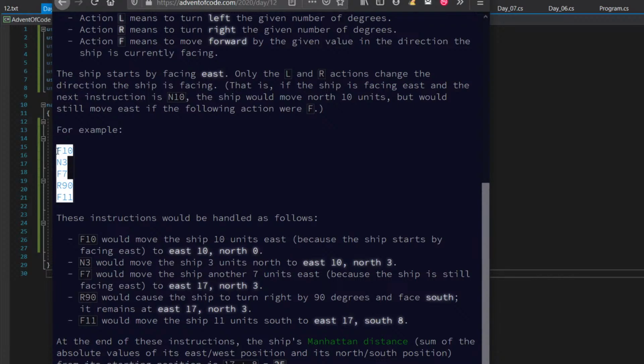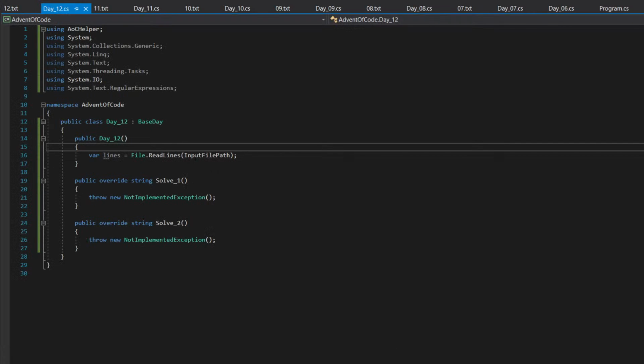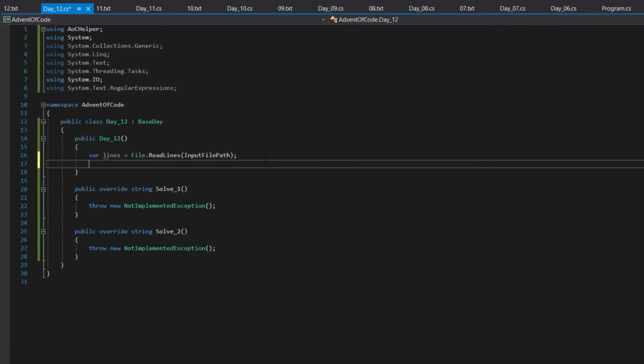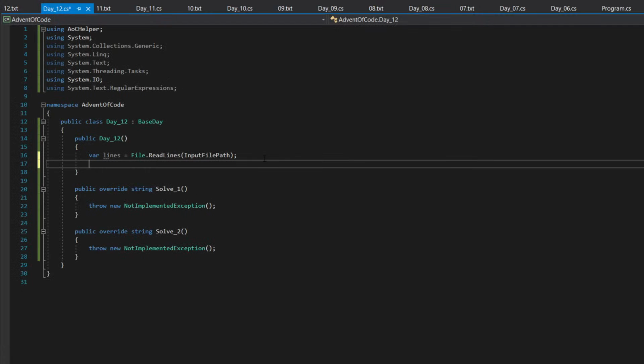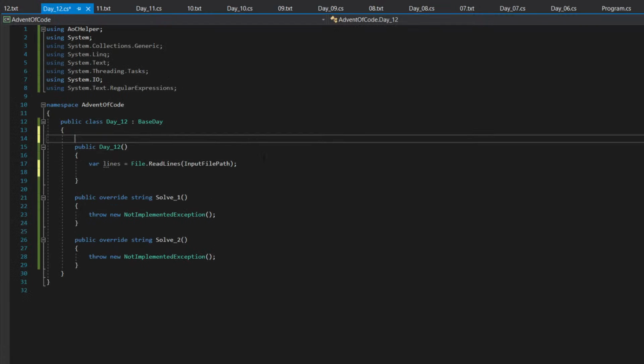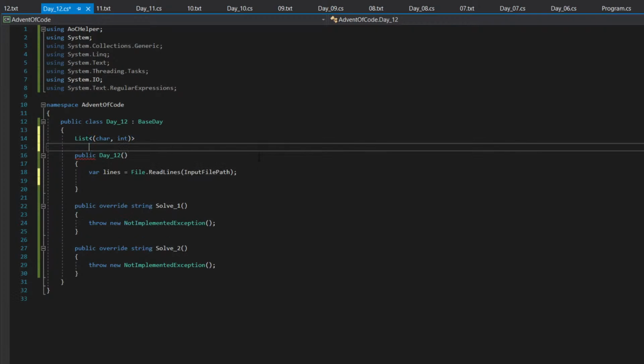All right, so like what I normally do, let's start with some sample data. So we're going to parse this, and we need, I guess, our command and our digit. So what do we want? A list of tuples of character and integer. That should be fine.